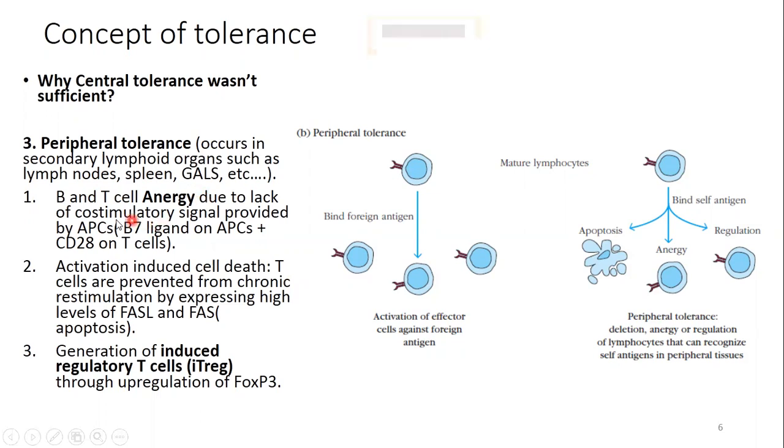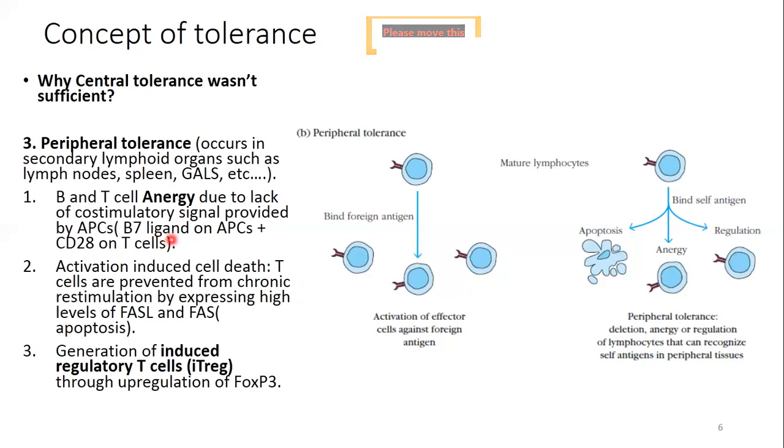In this process, when a B cell or a T cell is autoreactive, it is induced to be anergic, or unresponsive. This happens due to lack of the co-stimulatory signal, the B7 ligand, provided by antigen-presenting cells.